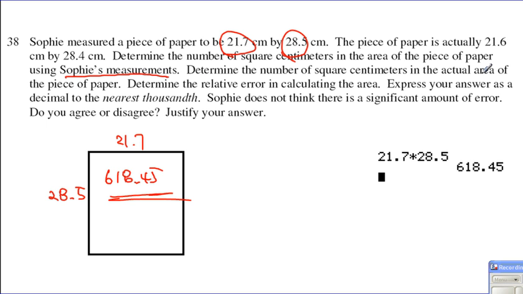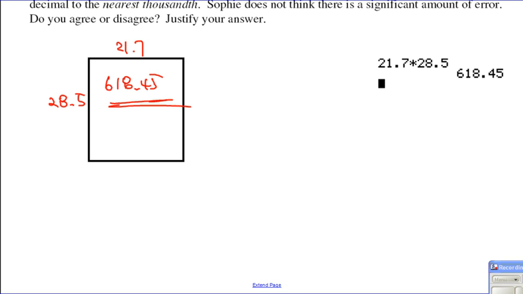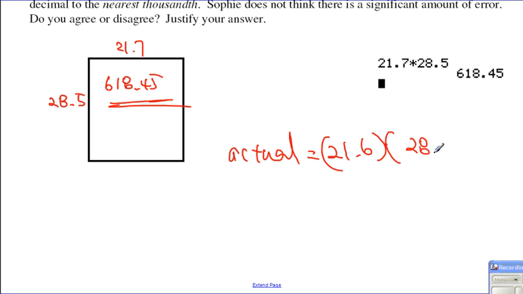Now, determine the number of square centimeters of actual area of the piece of paper. So actual would have been using 21.6 multiplied by 28.4.